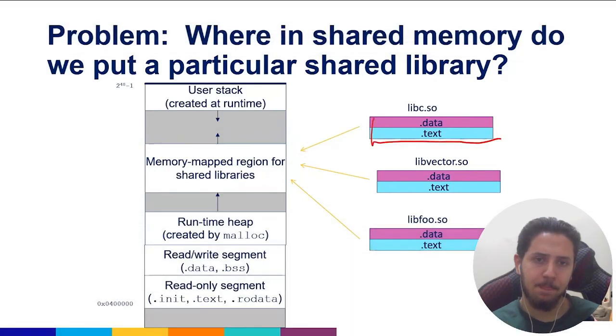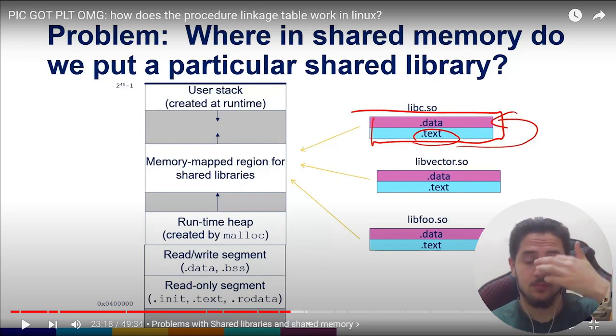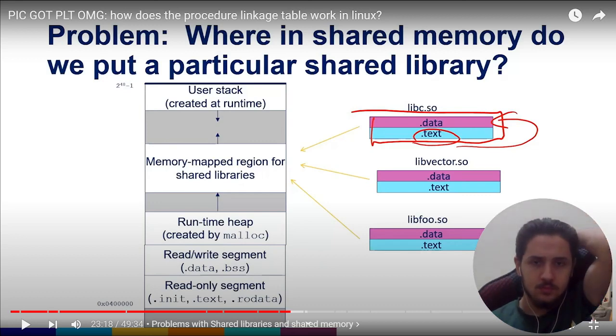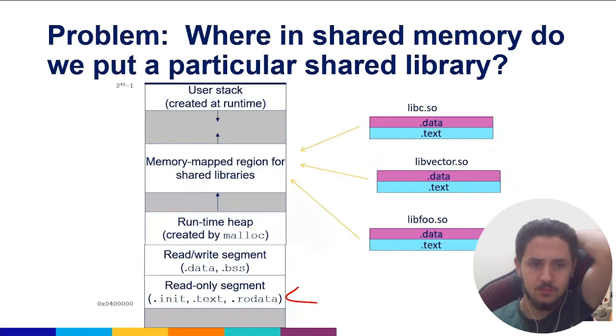So our first challenge here is that everything in this text section has to refer to not only its own global variables, but possibly global variables it uses from other libraries, or global variables getting used from the main executable correctly. And it doesn't know where it's going to be. So we can't use any absolute addresses.